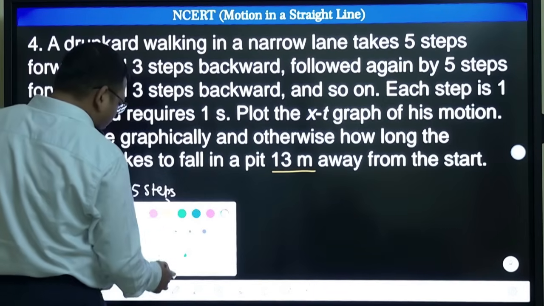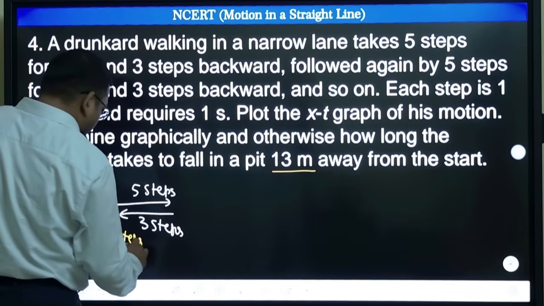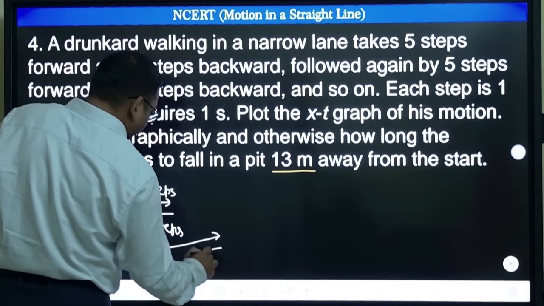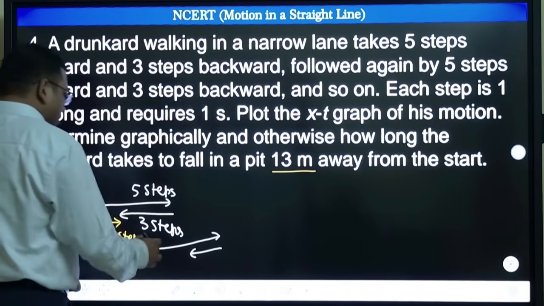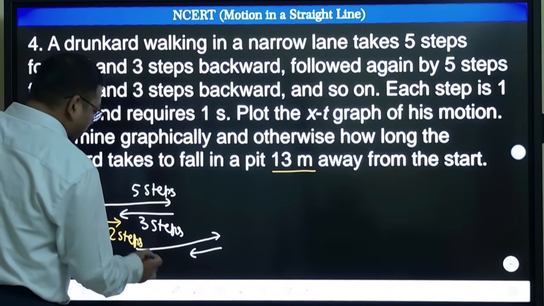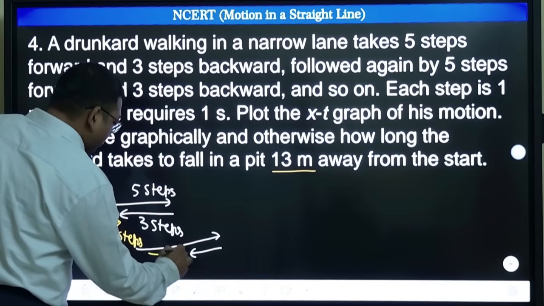Then in the next cycle, what will happen? Think about it. So 2 meters he has moved, then again 5, 3, right? Again it will go. So 2 steps, then how much further? 4 only, correct? So again 2 steps it will move further.